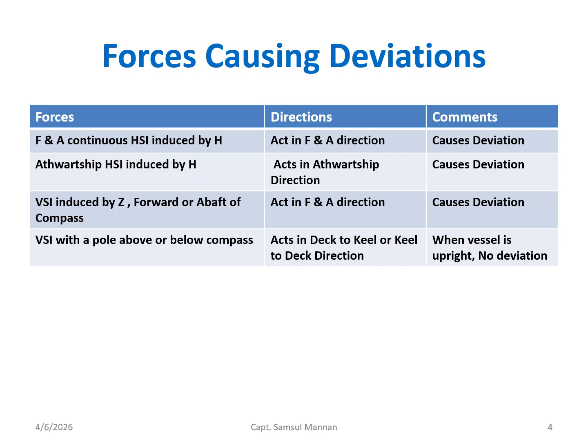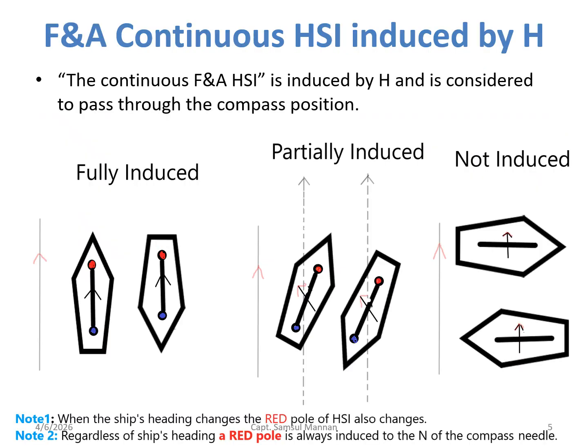When the vessel is upright, the VSI with the pole above or below the compass will not create any deviation, right? And we have seen that when the vessel is on 000 degree or 180 degree course, the fore and aft continuous HSI becomes fully induced.